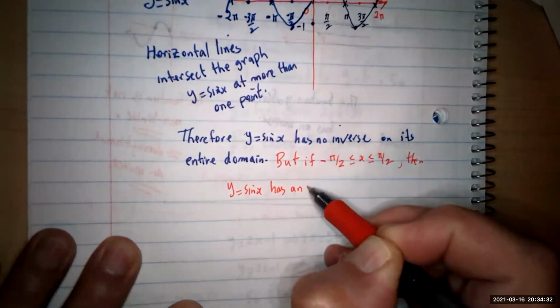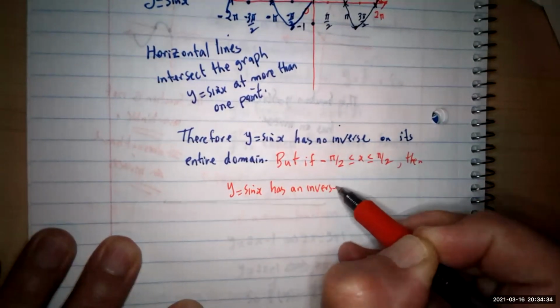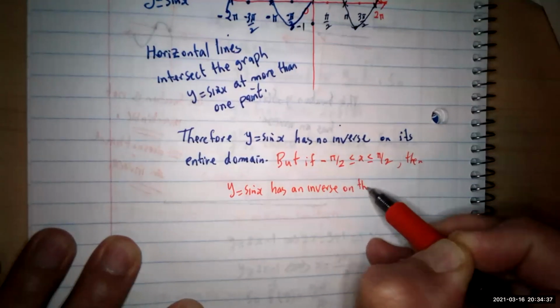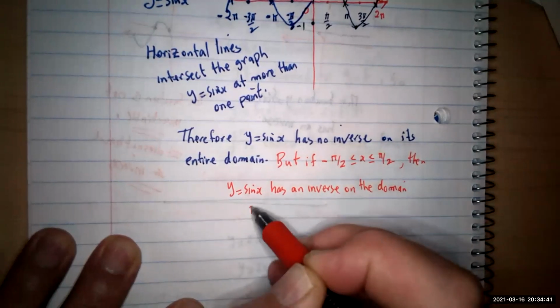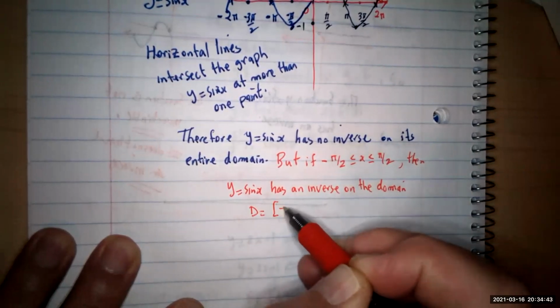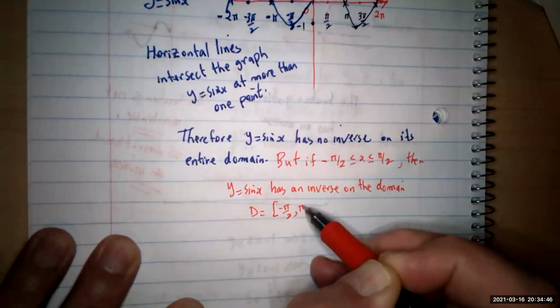It has an inverse on the domain D equal to negative pi half to pi half.